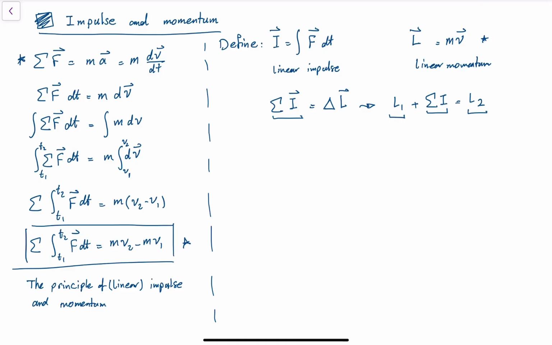This principle of impulse and momentum gives us a very quick shorthand transition from velocities at initial and final time, given the possibly known amount of impulse.